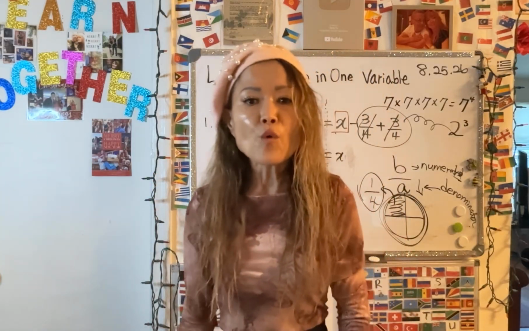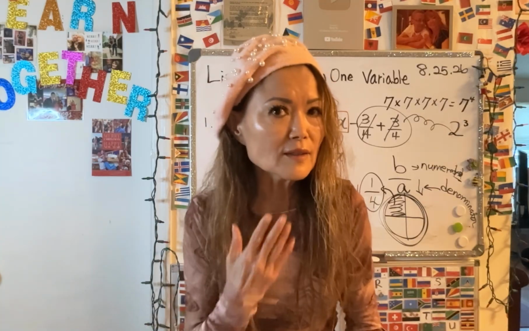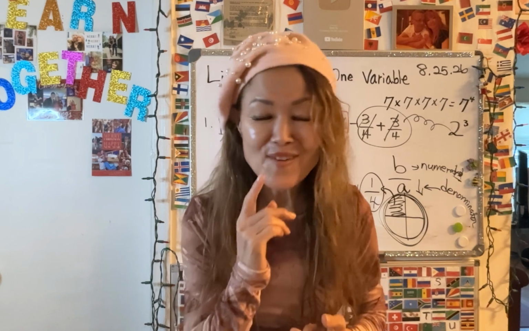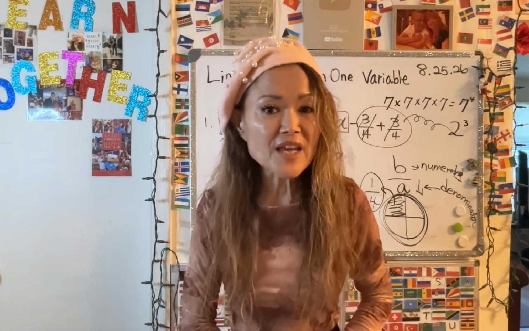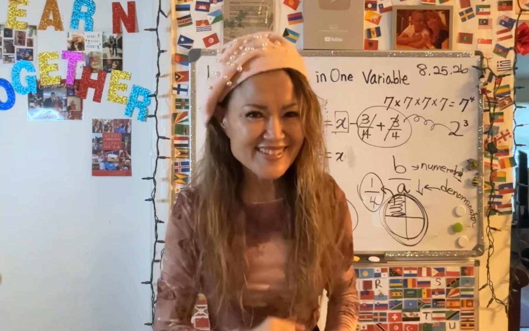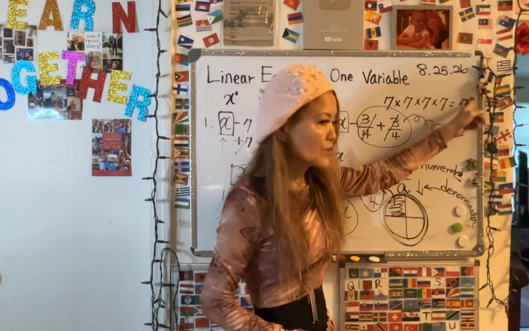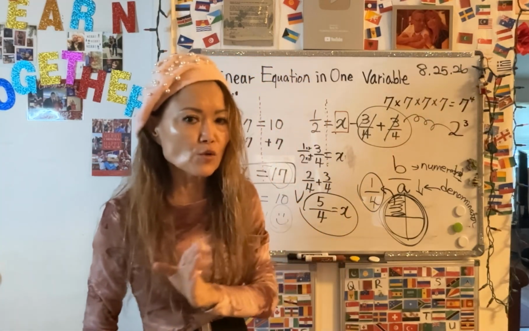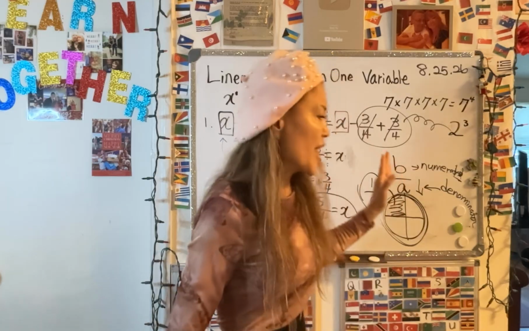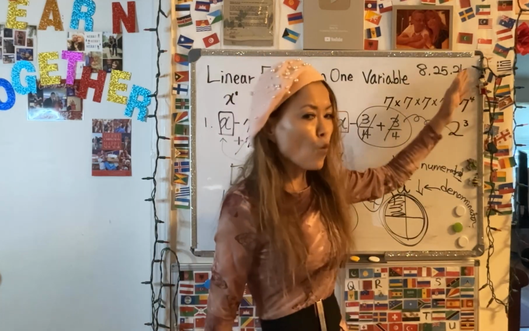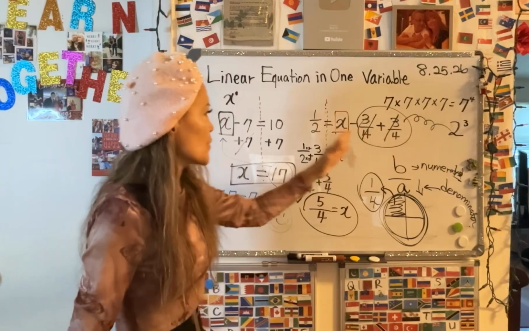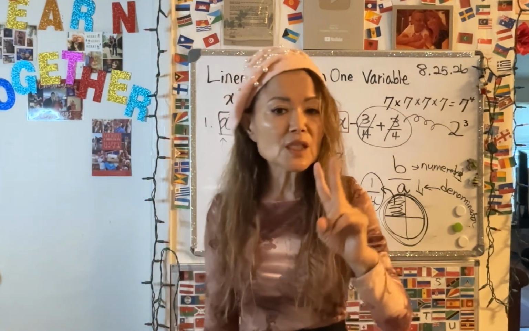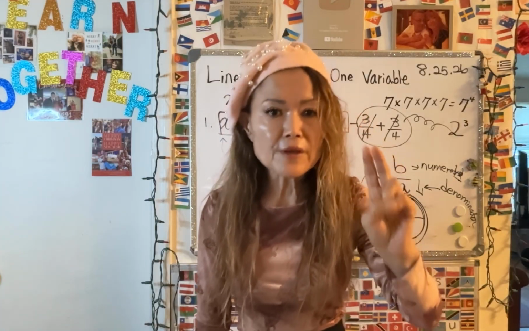And what is the highest power of any variable? 1. Yeah, the exponent is 1. Power 1. That's why it's linear. Only 1. The power of any variable is 1. So this equation has only 1 variable. It can be 2 variables, 3 variables. Still a linear equation.